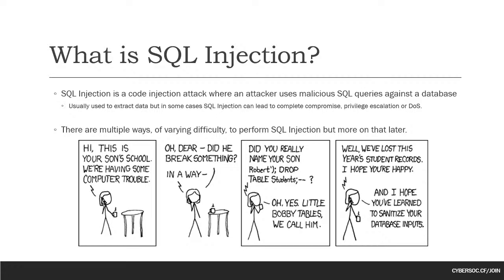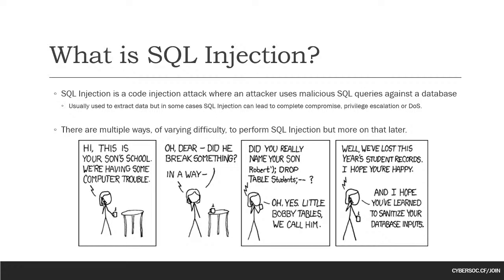So what is SQL injection? It's essentially just a code injection attack using the SQL query. Normally we'll use it to extract some data, dump the tables or the table names. But it can actually get a lot worse than that.